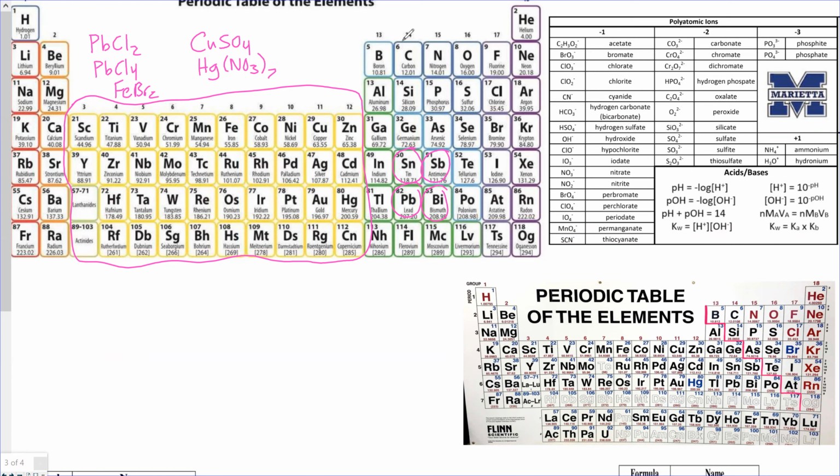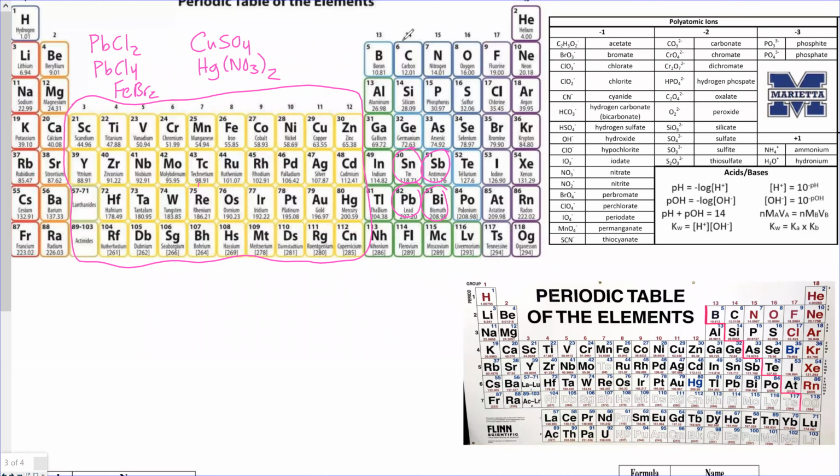All right, these are going to be the examples that we work through. So if I give you a formula like this and it's in this pink box, the transition metals, or one of these 4 that I've circled, then I need a Roman numeral.